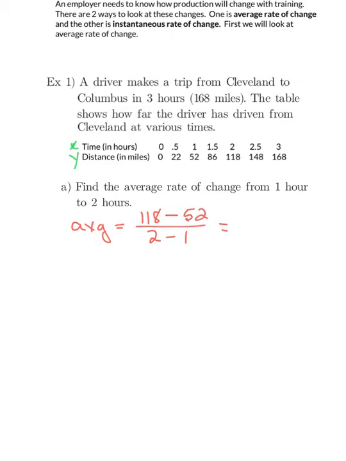If we do the subtraction in the numerator and the denominator, we get 66 in the numerator over 1 in the denominator, which means that our average was 66 miles per hour. Does that mean the entire time we drove that fast? No, it's just our average.